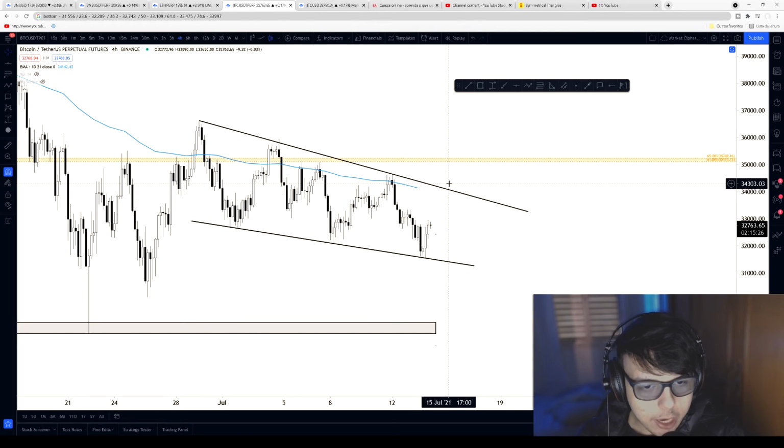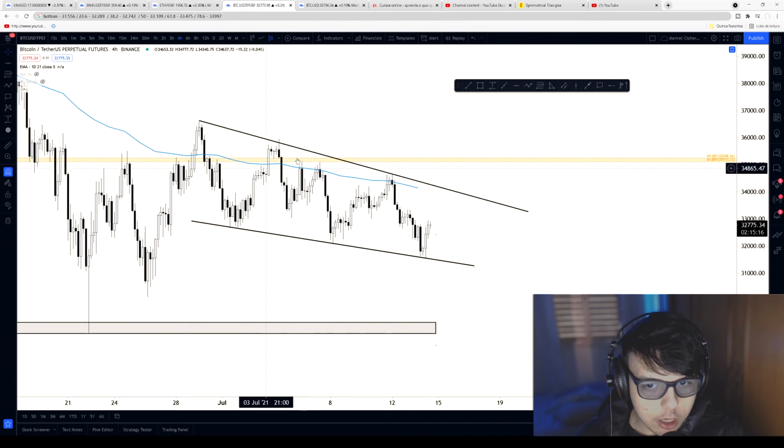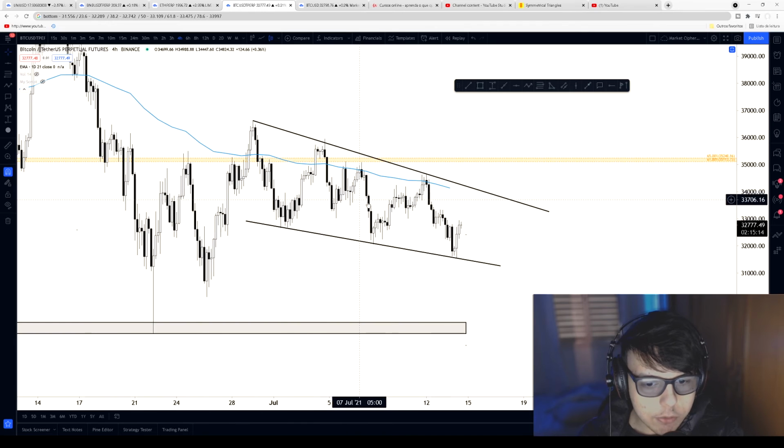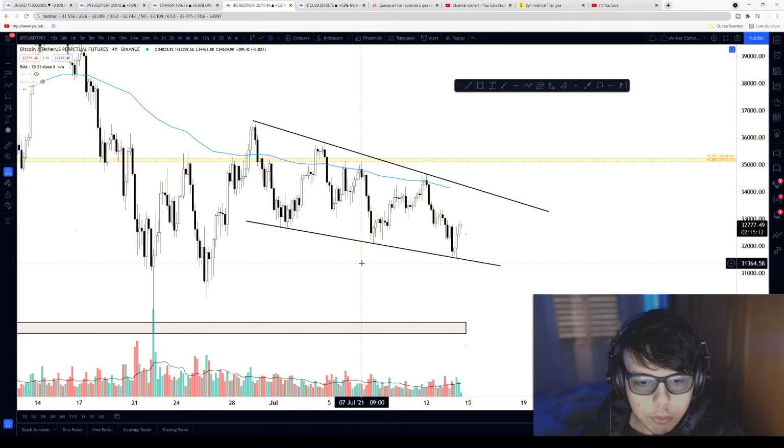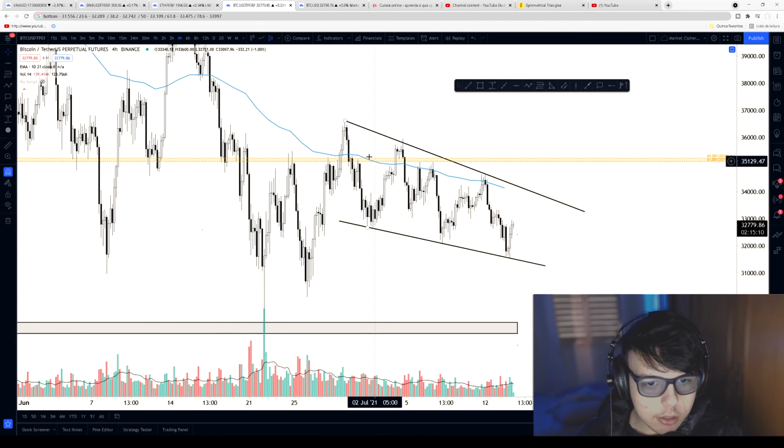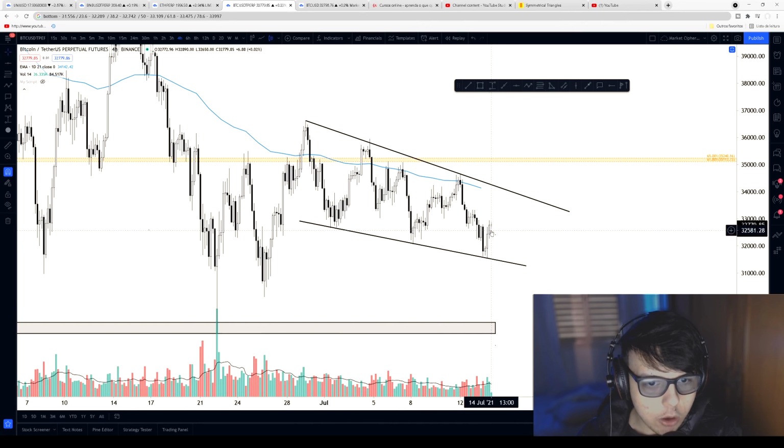So be careful and trade this accordingly. Wait for the confirmation. But I do believe, guys, that we are gonna make some sort of move from this pattern here for sure. If we look at the volume as well, the volume is constantly decreasing on the pattern. This is usually a sign that the pattern is true as well.